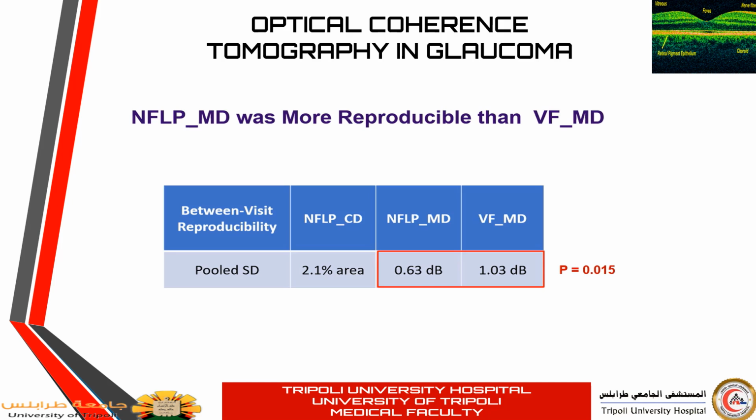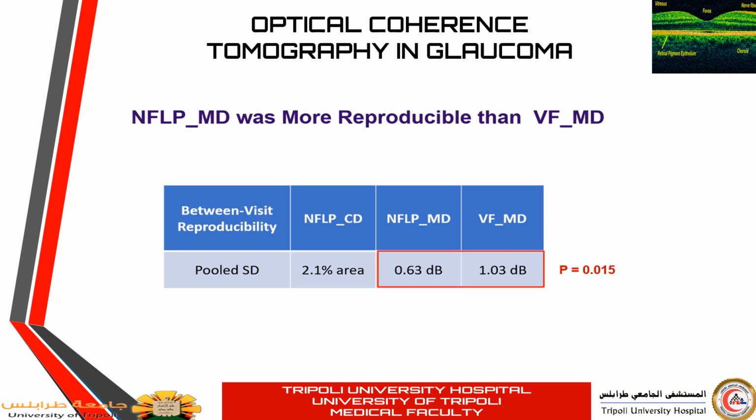So in conclusion, we sum up that the simulated visual field using the nerve fiber layer plexus mean deviation is more reproducible than the actual visual field mean deviation. And this difference between the two is statistically significant, as you can see. What we mean by reproducible is that the test-to-test variability is minimal.